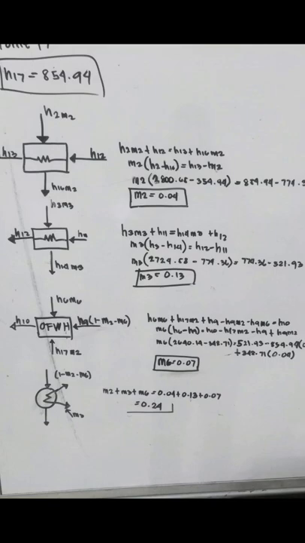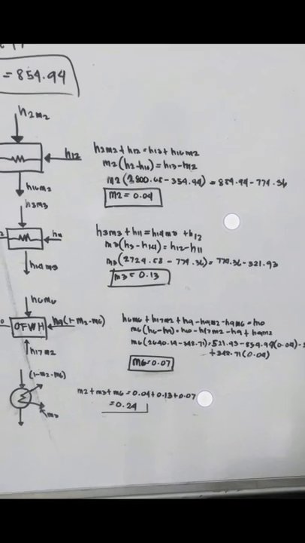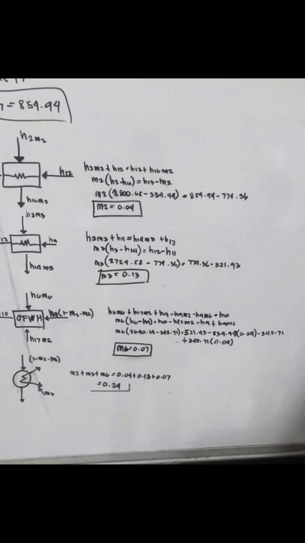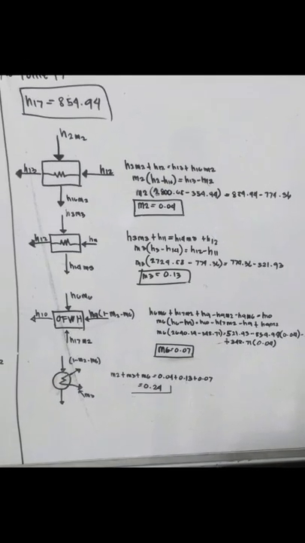So substitute all the givens. So we have mass 2 of 0.04.